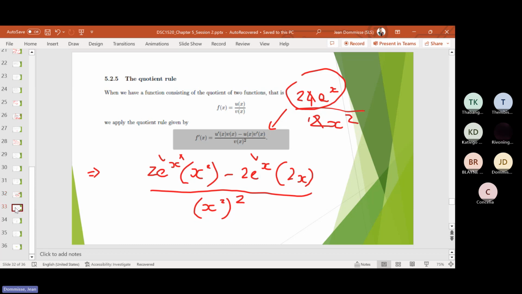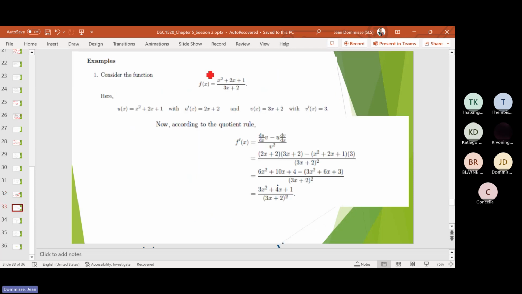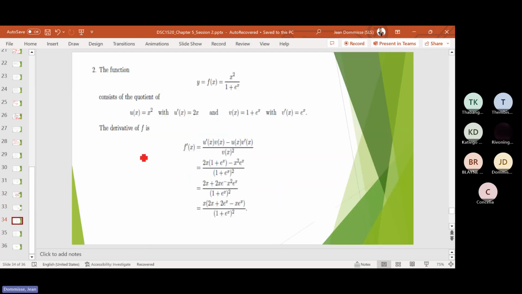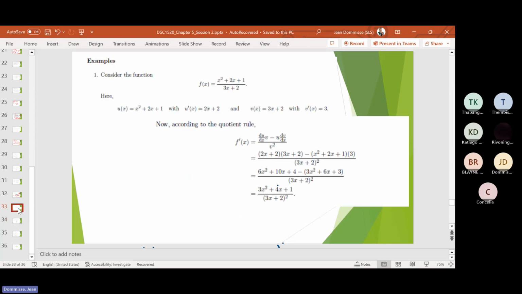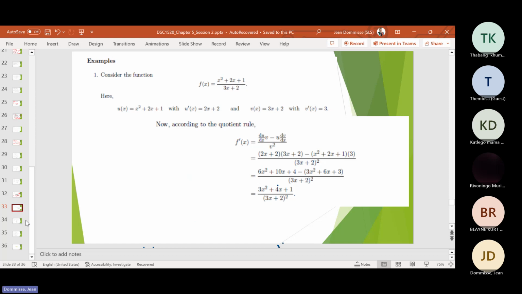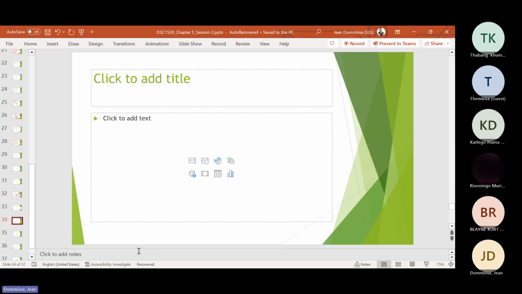Okay, so let's do one like that. I think there is my lovely example of an e, so that one you can also do, but let me quickly show you this example. Let's insert a new slide.